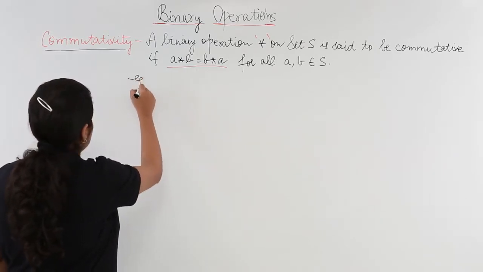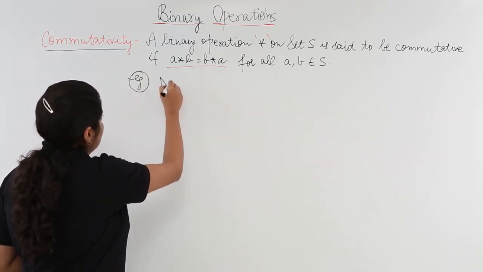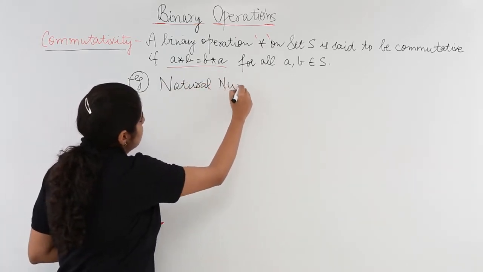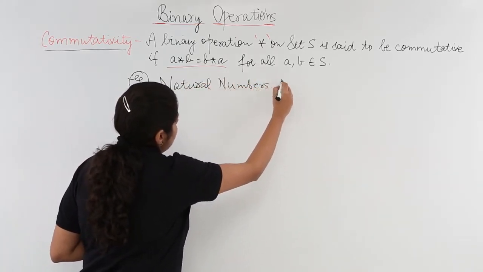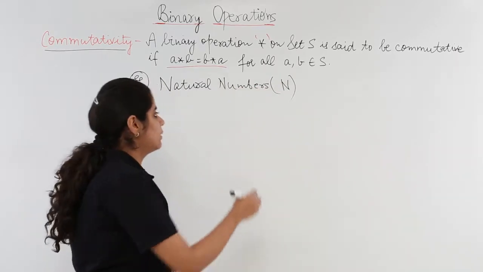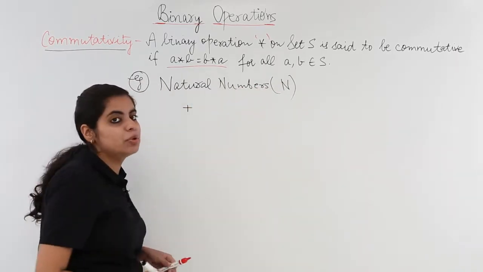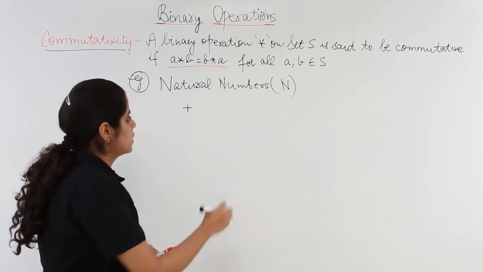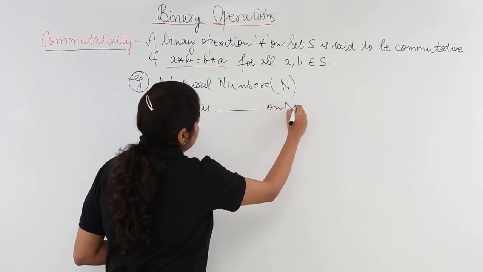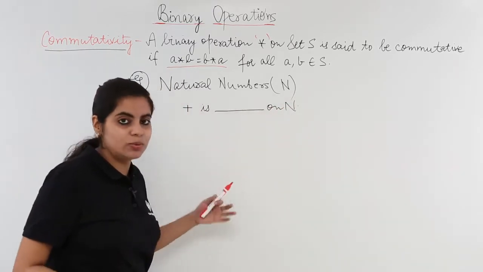I have the set of natural numbers, N, and now I want to see whether the plus operation is commutative on N. So plus is dash on N; I leave the blank to fill only after solving.